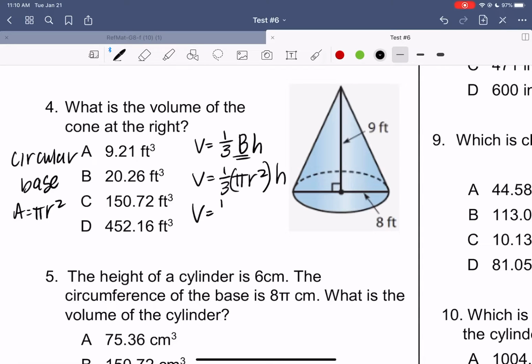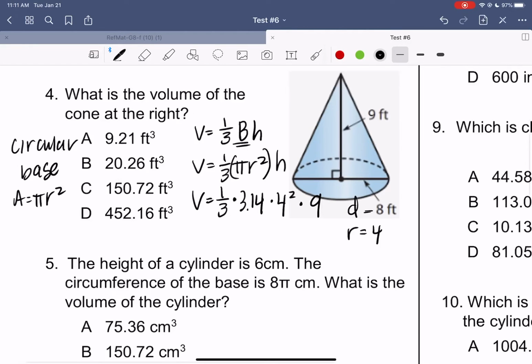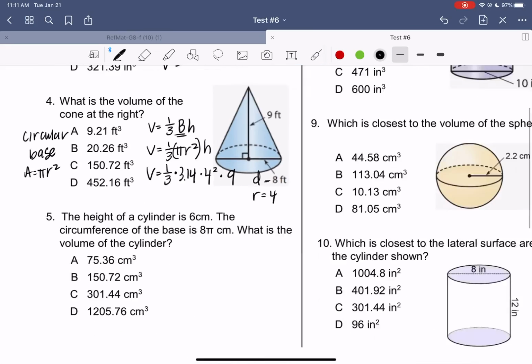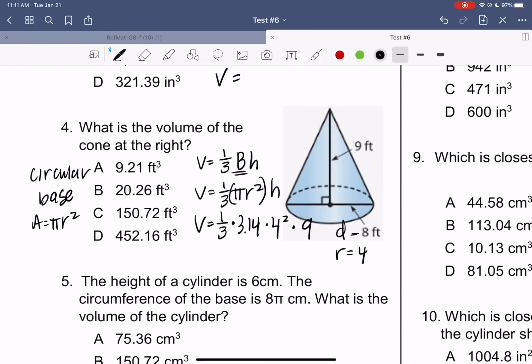When I substitute, it'll be 1/3 times 3.14 times the radius. This is our diameter, so our radius is going to be 4 squared, and our height is going to be 9. Okay, so from here, once you multiply those numbers, you'll be able to get an answer.